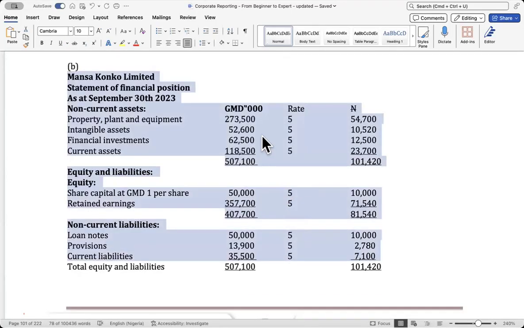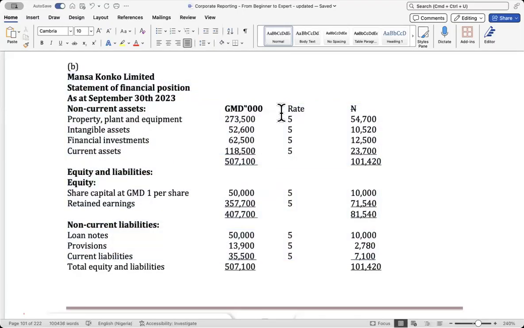At this stage, the marker will not be looking at your figures anymore. He's looking at your translation and giving you marks. So they don't mark figures, they mark methodology, your steps. The figure is little, whether your account balances or not, is little. It's your methodology. They give you marks for that.